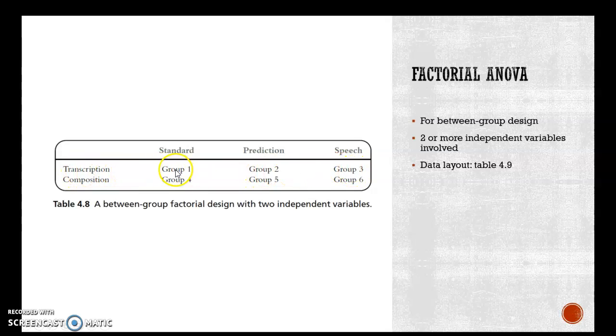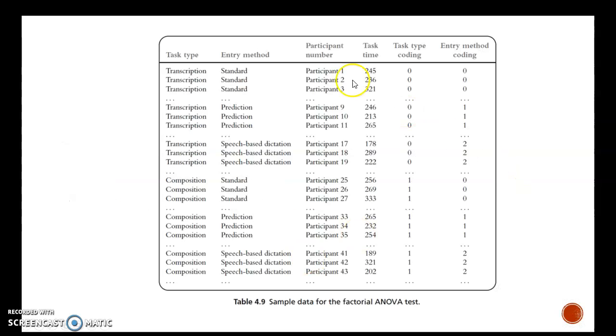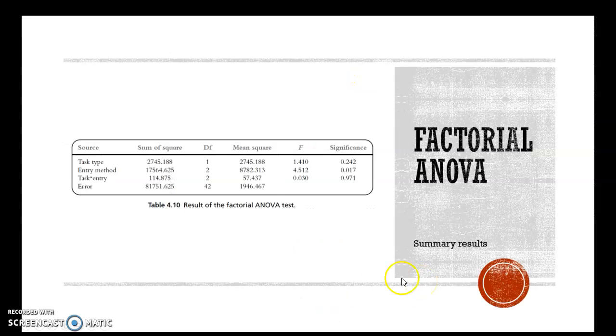So you compare all three conditions for transcription, or another task of composition, to see what the relationship is. Different kinds of tasks may have different results based on different input methods. So that's the data.